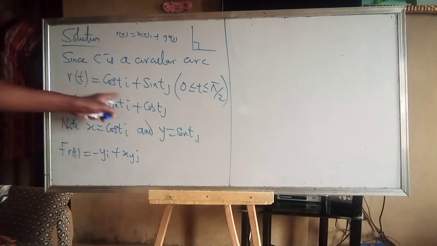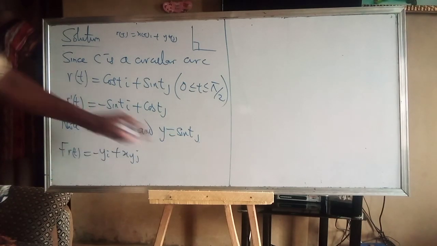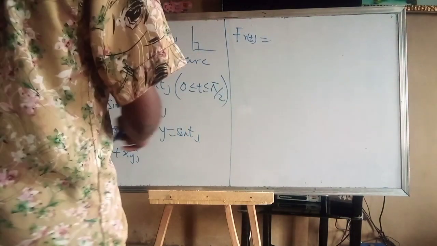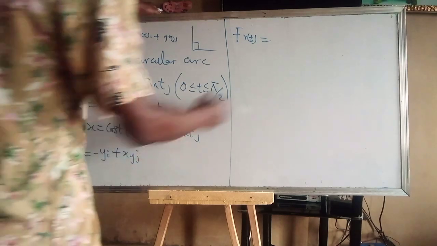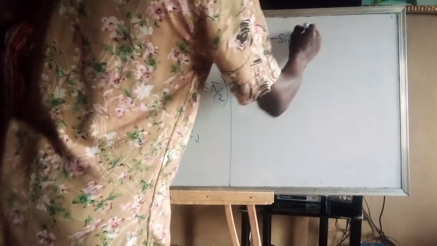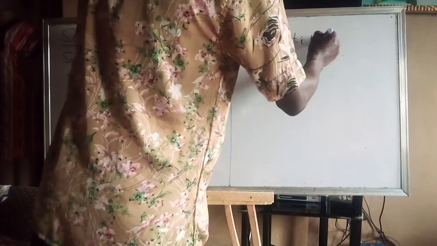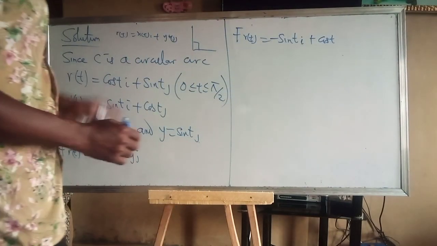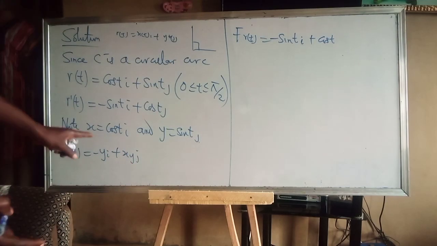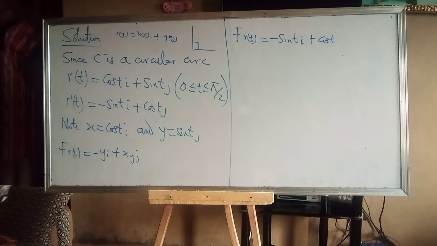So f of r of t now, don't forget minus y. Our y is sin t, so f of r of t will be minus sin t i plus, now x is cos t and y is sin t.